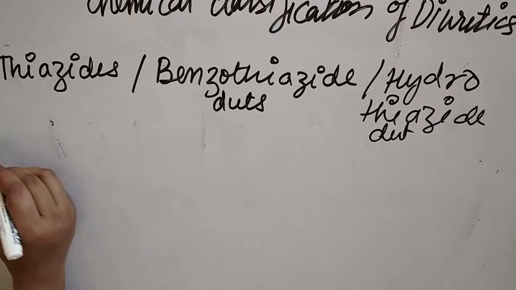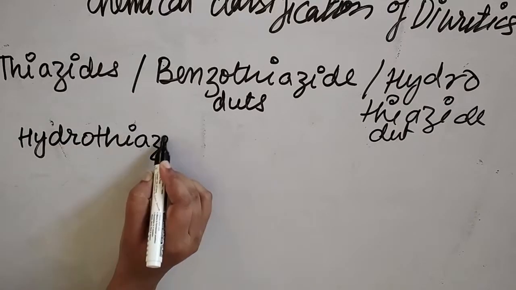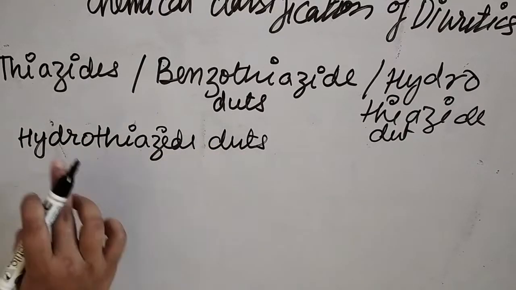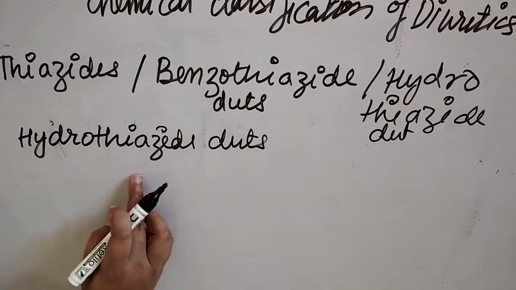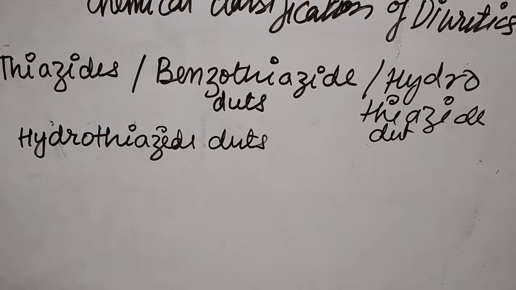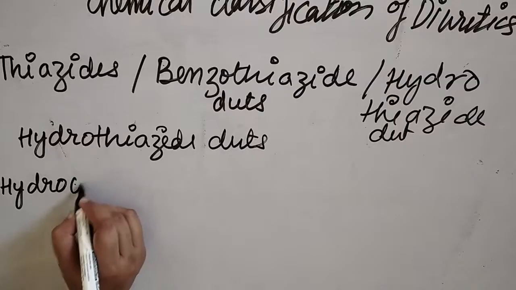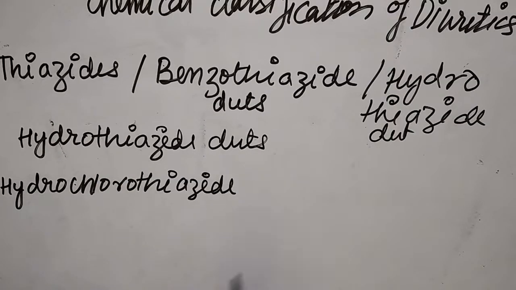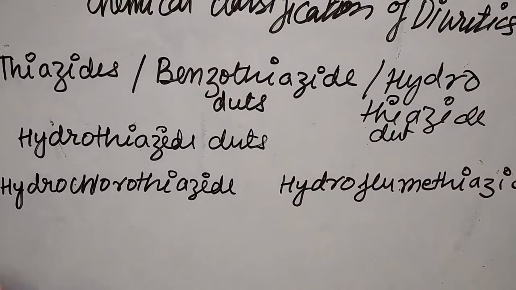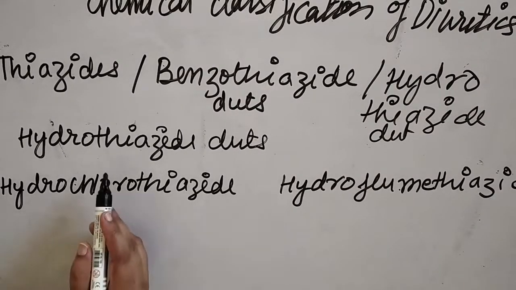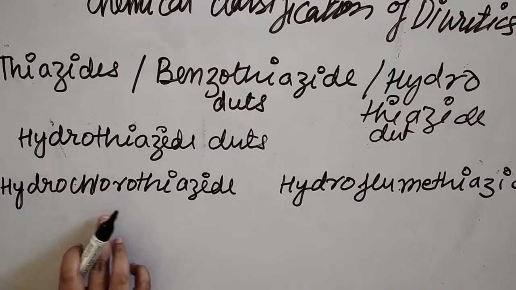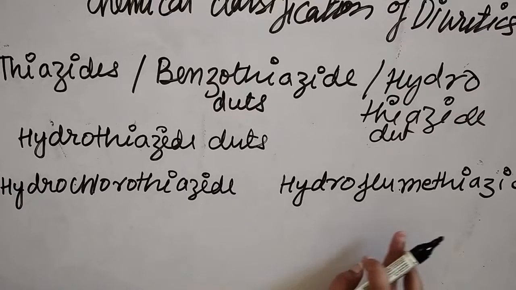Next, B is hydrothiazide derivatives. This is the second subcategory. Examples of hydrothiazide derivatives are hydrochlorothiazide, and another example is hydroflumethiazide.